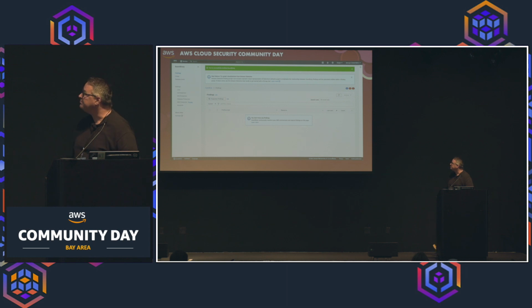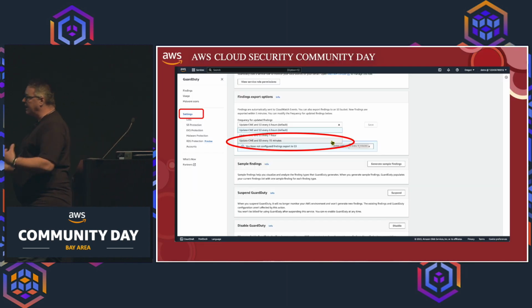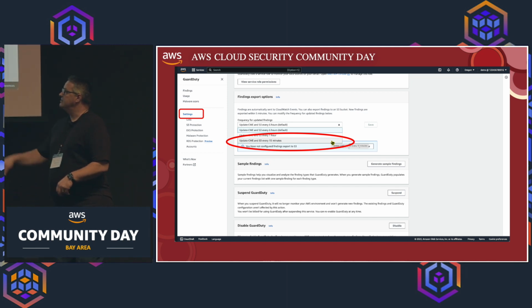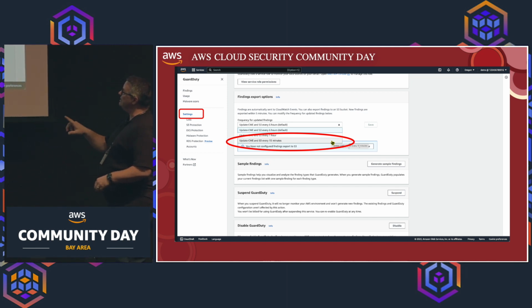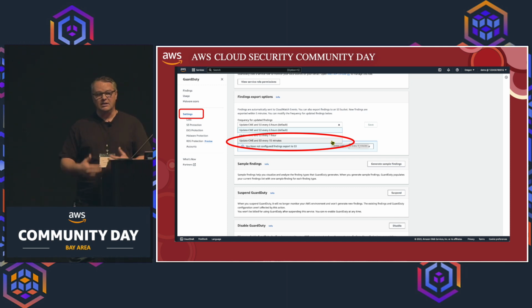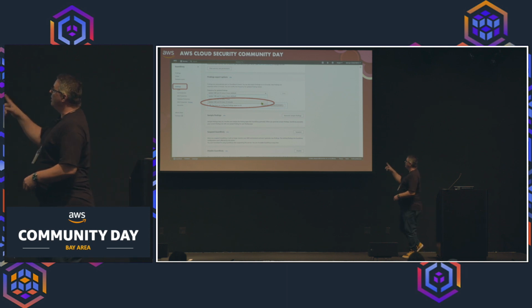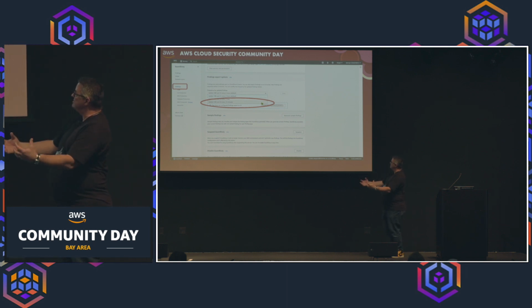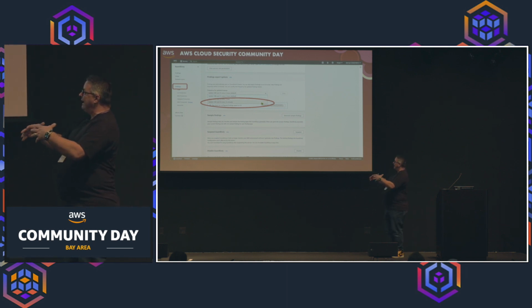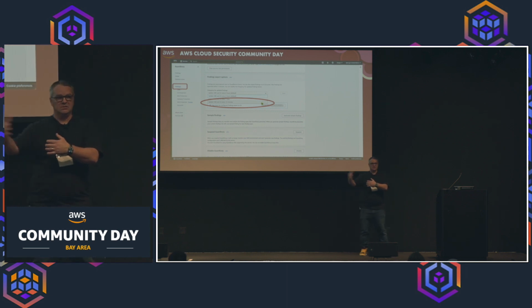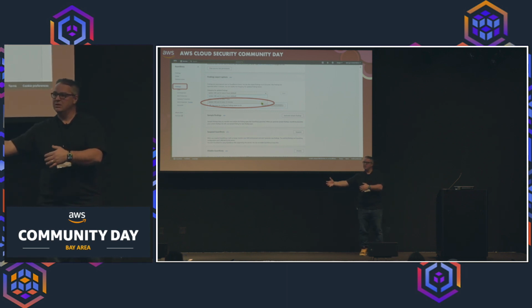We expect this, because like I said, it takes a little bit of time to build up that data. One thing that I like to do is go into the settings for GuardDuty, and I make this little change for the frequency of updating the findings. By default, those findings get exported out to EventBridge every hour.